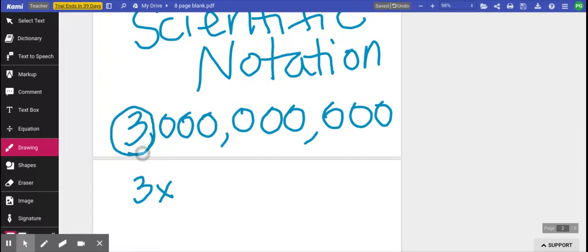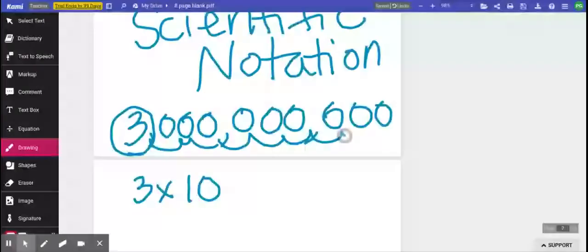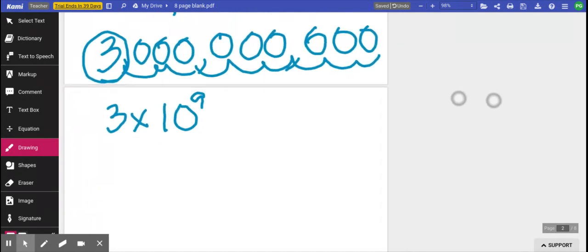If we took 3, because that's our leading number, times 10, well, how many times would we have to move the decimal point over? 1, 2, 3, 4, 5, 6, 7, 8, 9. 3 times 10 to the 9th has the same value as 3 billion.